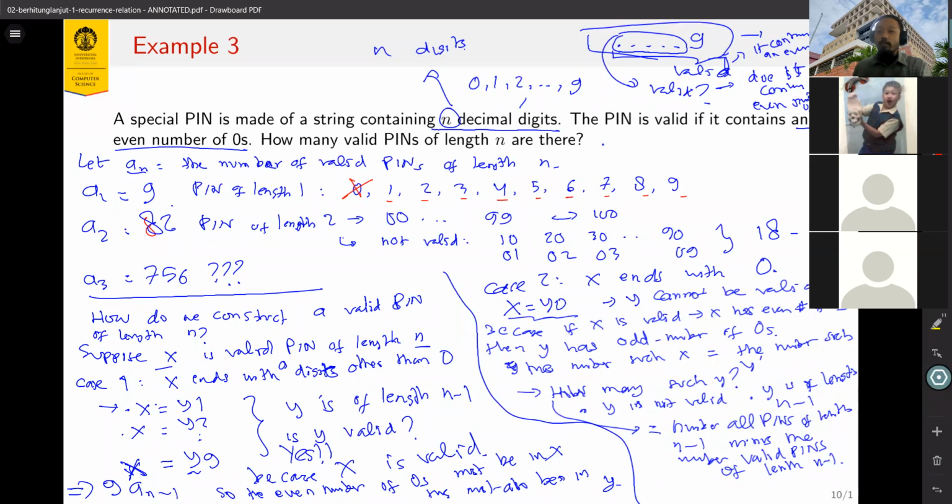Okay, so that means how many of them? This is equal to what? Can anybody help me? How many pins of length n minus 1 overall? Not just the valid one, but all pins of length n minus 1. How many pins of length 3 overall?